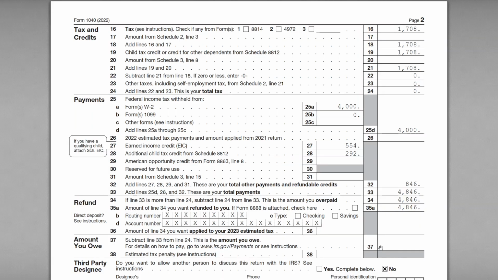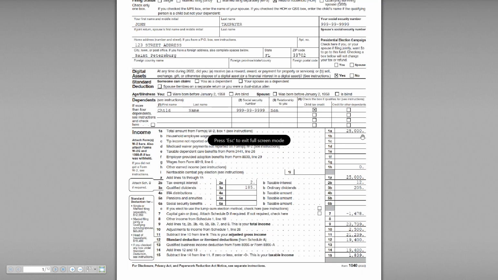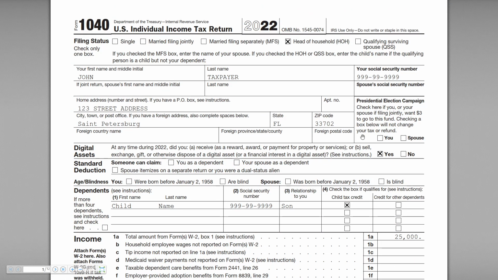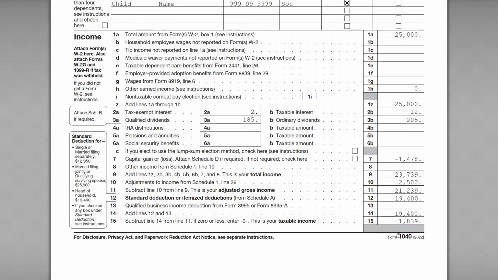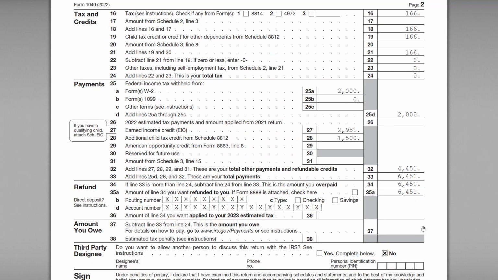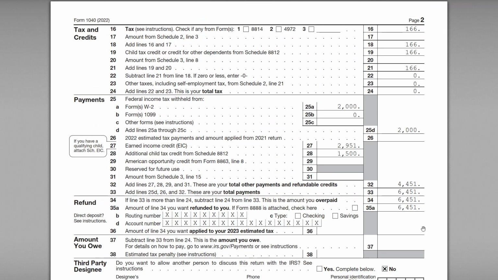So if we look, let me go to the next return. This is where we have the fact pattern we're just working with now. So his income is much lower. Taxable income is only $1,839. And so here when we get down to page 2, we can see the tax there, again, $166. The child tax credit taken, $166, right?